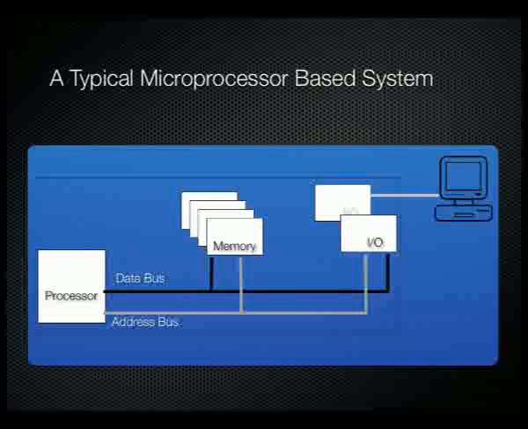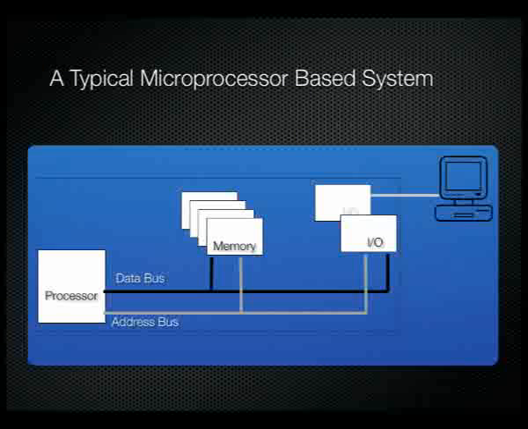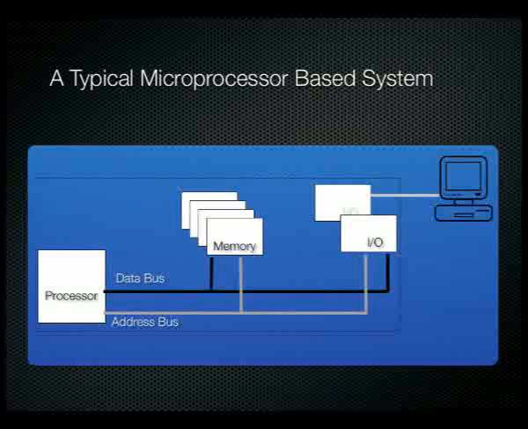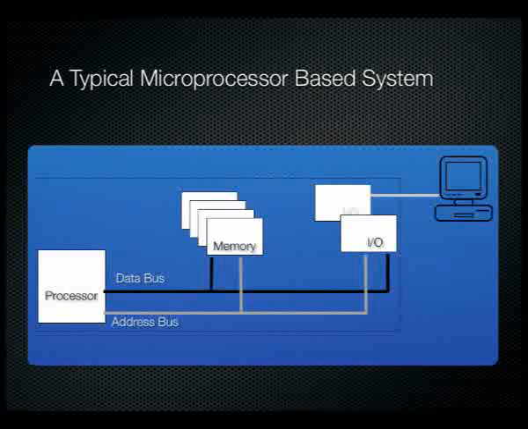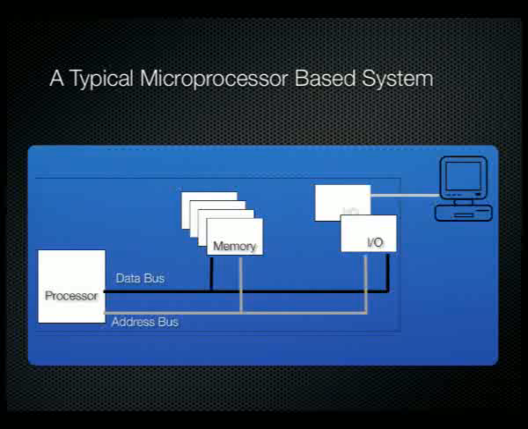If we show this pictorially, effectively we have a processor connected to the memory and the I/O via two buses, the data bus and the address bus. The data bus is responsible for transmitting data from the processor to our memory and our I/O. And we have the address bus, whose sole responsibility is to address the various elements in our memory.